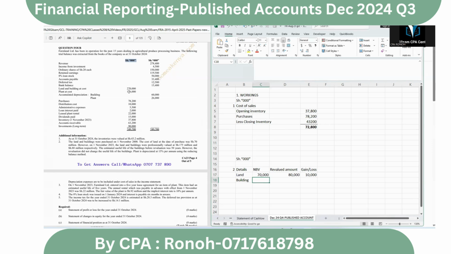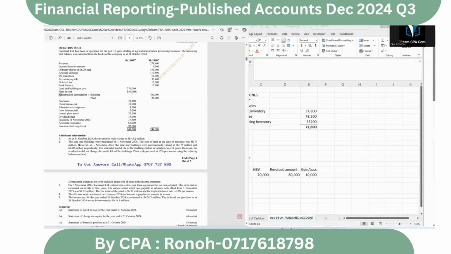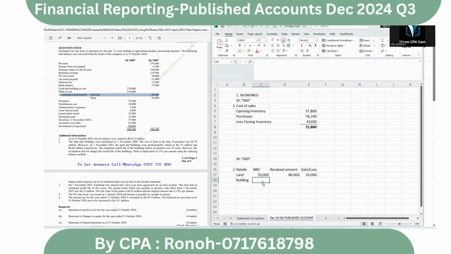But is that 200 the net book value? No. You have accumulated depreciation here of building of 60. So we will remove the cost of land first. So 270,000 subtract 70, and then subtract the accumulated depreciation of 60,000 to remain with the net book value. So that is our net book value.